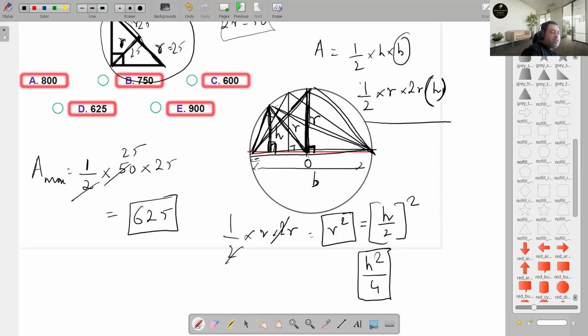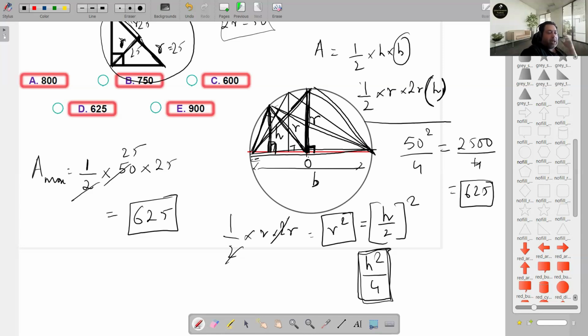So the maximum area which you get is always h square by 4. In our case, h was 50, so 50 square by 4, which is 2500 divided by 4, which is 625. That will always be the maximum area.